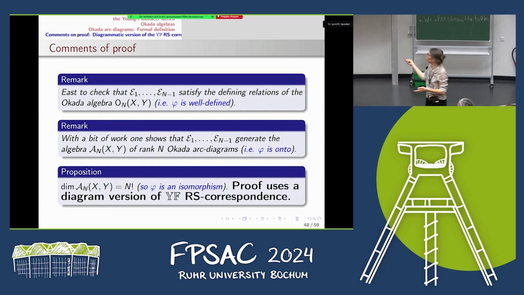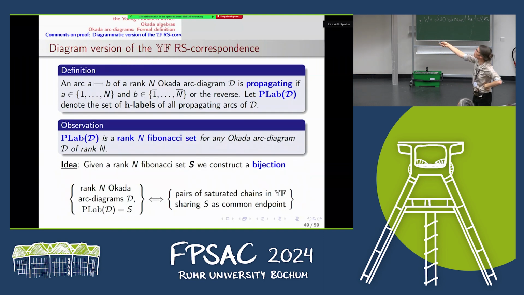And the proof of this is essentially a diagram version of the RS correspondence in this case. And if you don't mind, with the last amount of time, I'll explain that bijection with an example. Just some preliminaries. If I have an Okada arc diagram, then we say an arc is propagating if it just joins the left and right of the diagram.